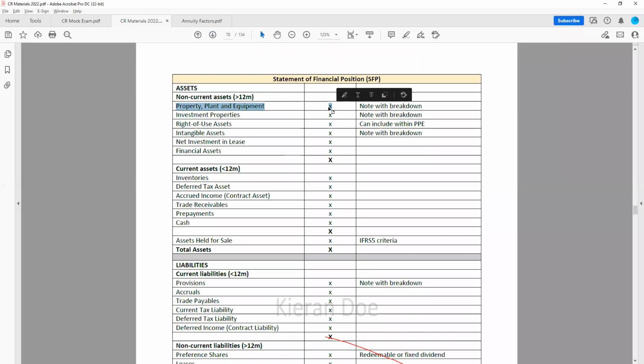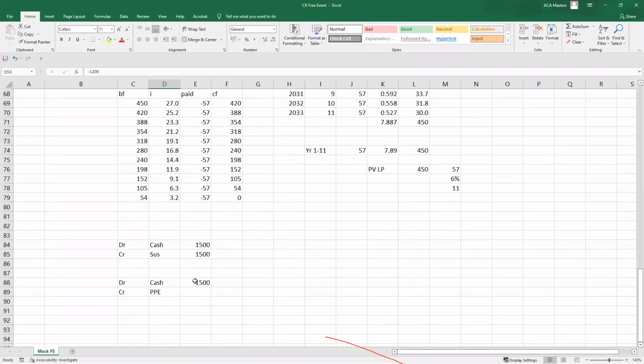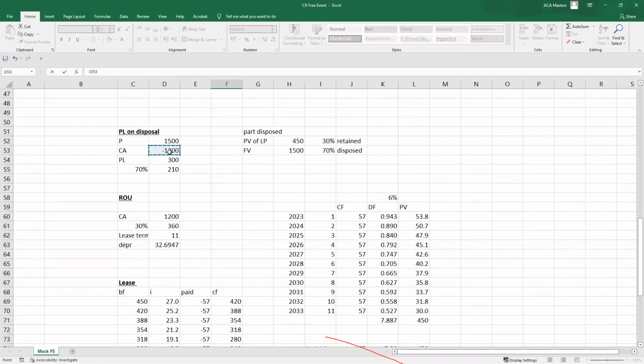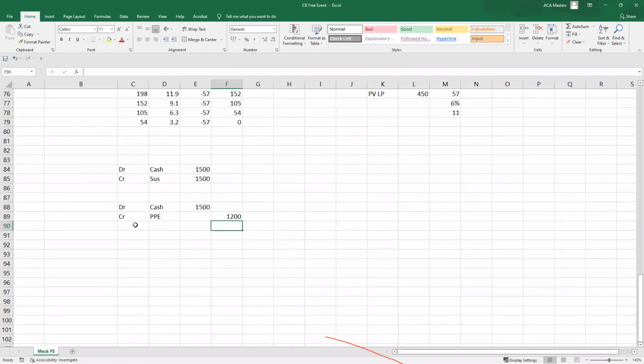So we take it out of there because they no longer have that asset, and what they have instead is a right of use asset, even though it's on the same asset and you could include it within PPE. But rather than showing it as a net adjustment, it's probably easier to just take the PPE out as a whole. So we take the PPE out here. Now we know with the profit or loss on disposal, they can't recognise it all. They can only recognise a certain amount. So we put our debits here and our credits here.